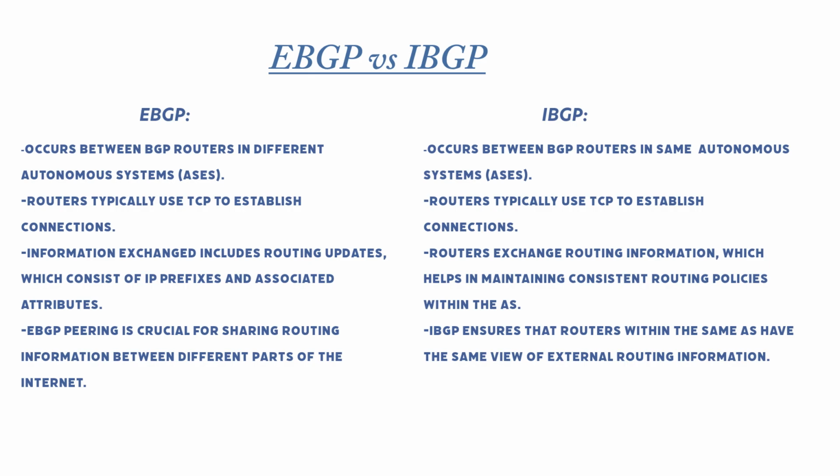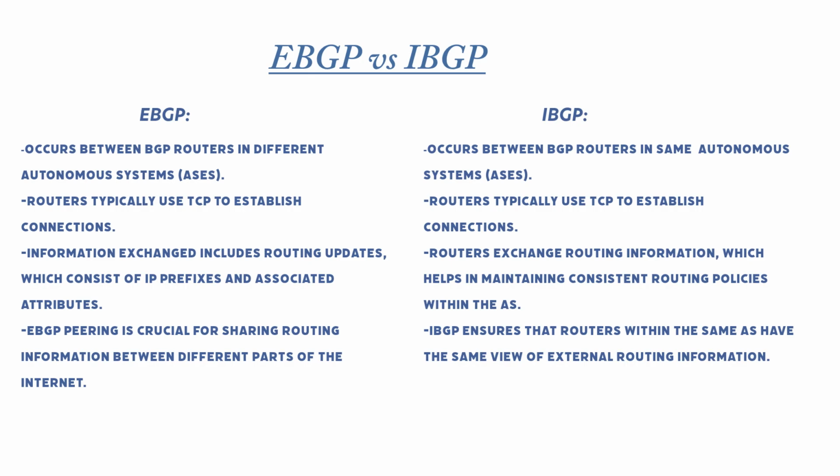Let's say I am Facebook. My AS number is 100, and I have an ISP which I want to communicate with, whose AS number is 200. So I have to form an eBGP peering because the AS numbers are different. What BGP does is it first forms a TCP connection.